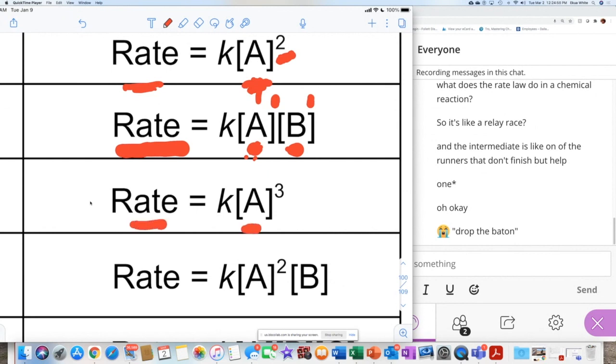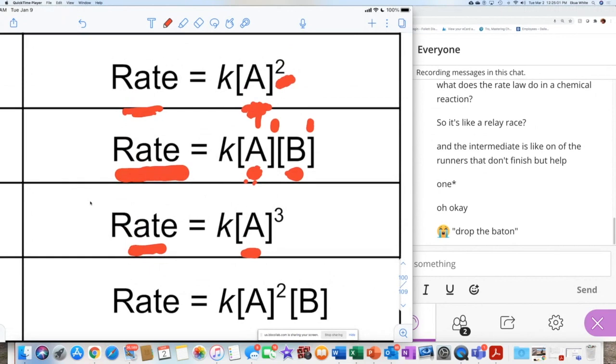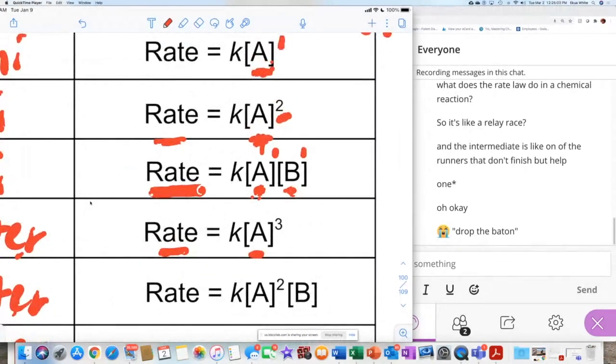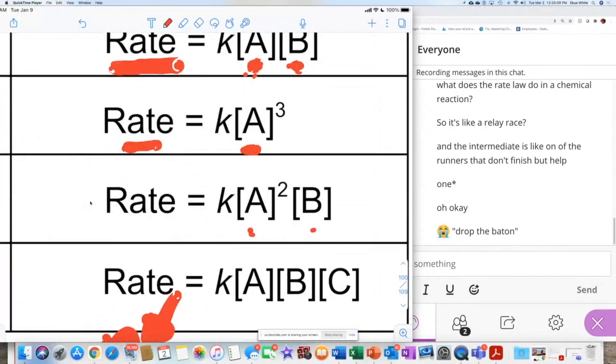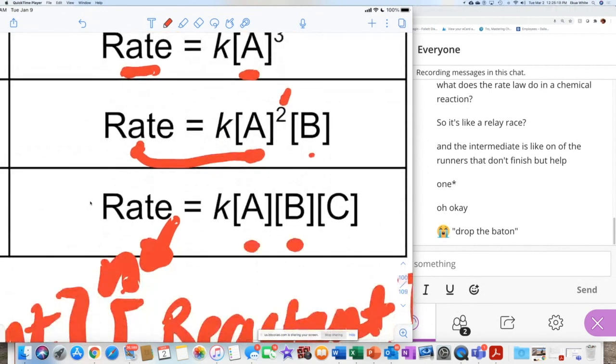So this one reactant by itself influences the rate by quite a bit, more than the second order, more than the first order. Here we have two reactants. A influences the rate of the reaction more than B because A is second order and B is just first order. Here we have three different reactants, A, B, and C. All of them influence the rate the same.